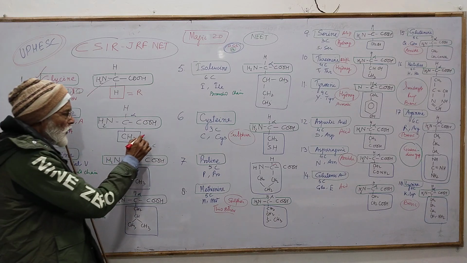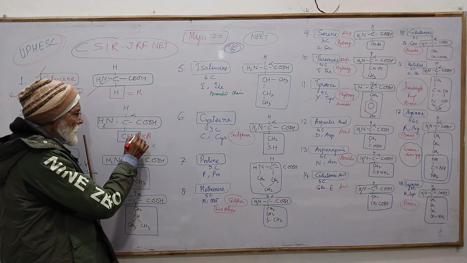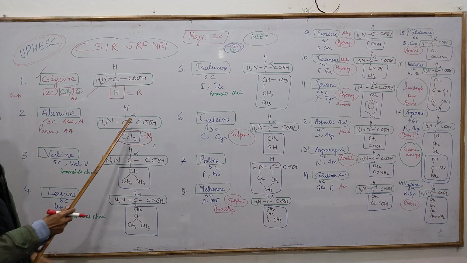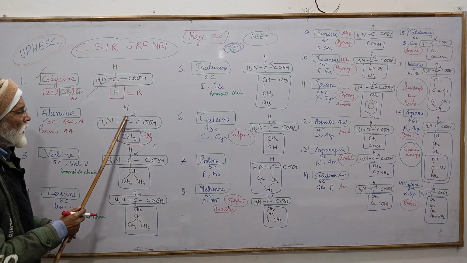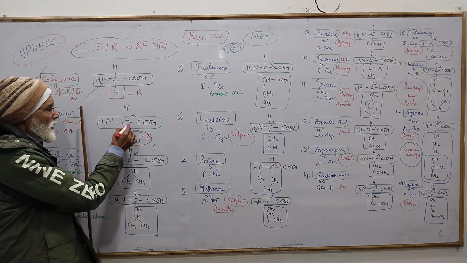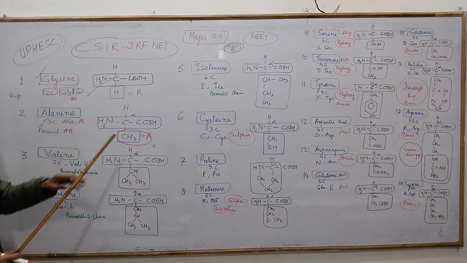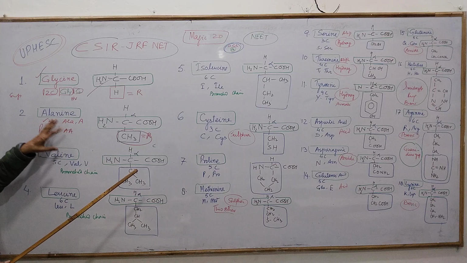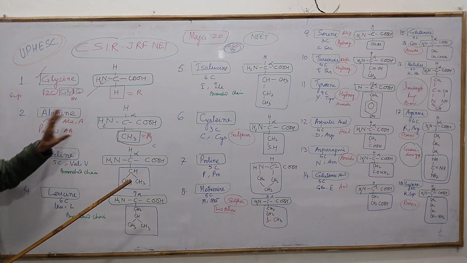The R group of alanine is represented by a methyl group only. You can count: number 1 carbon, 2, the second carbon is alpha, 3 carbons are there and the methyl group is on the side. This is the simplest 3 carbon amino acid, alanine, the parent amino acid.